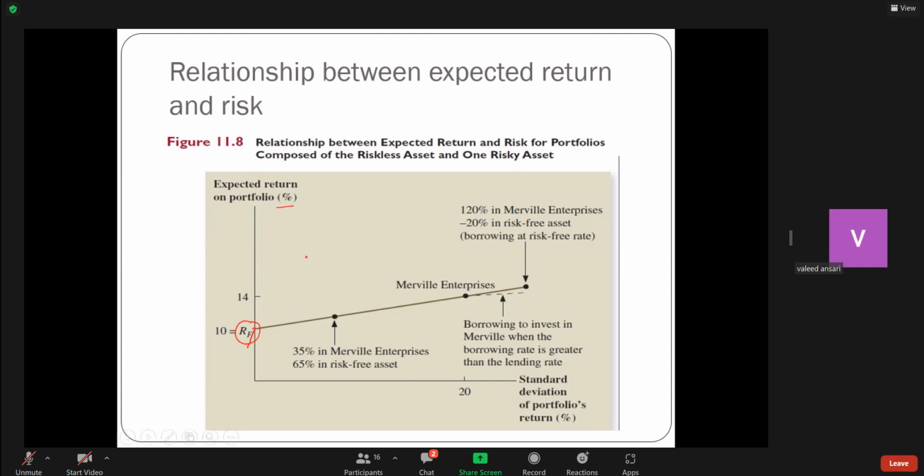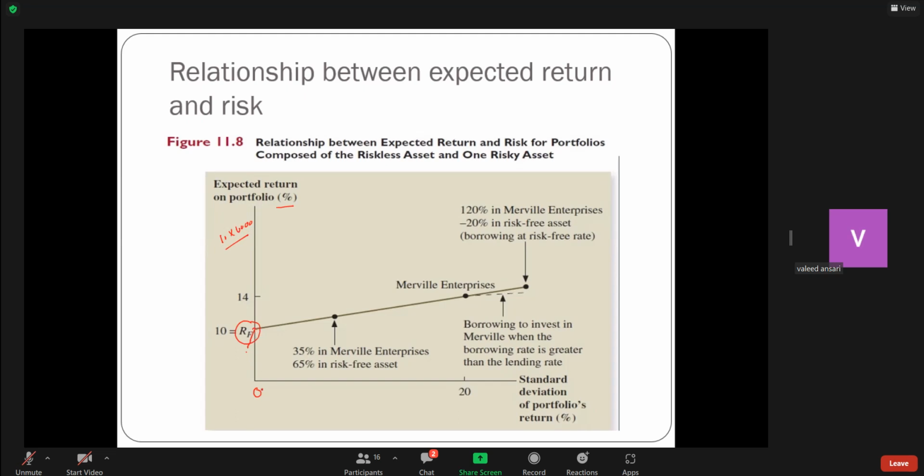of the portfolio. So if anybody invests 100% in risk-free, it will be somewhere here. He will get 10% return, irrespective of whether 1000 is invested or 1 lakh, and we will get the return on the basis of that amount of investment.